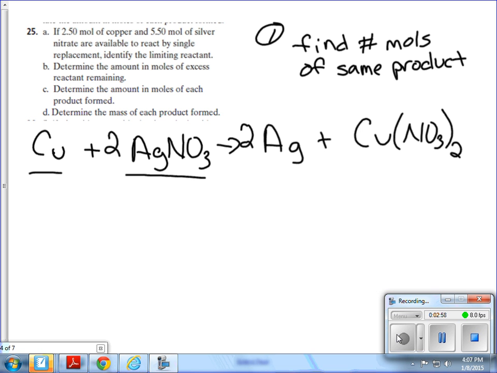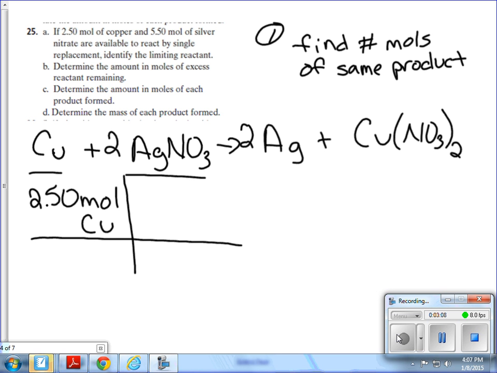So we need to take our 2.5 moles of copper and convert it to moles of product, and the product I've chosen is copper nitrate. So I have 1 mole of copper and I have 1 mole of copper nitrate.